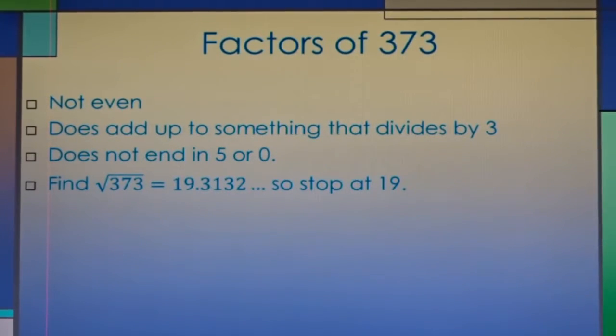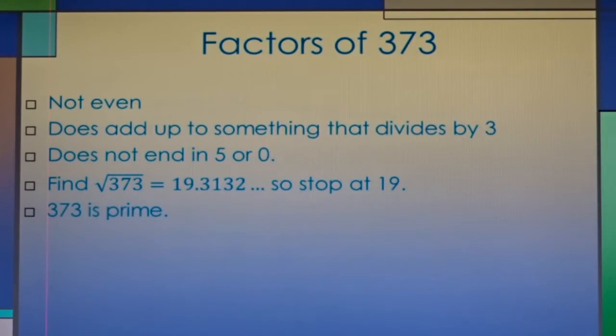All right, so let's find the square root of 373. The square root of 373 is 19.31. So I stop looking at 19. So I'm going to use my wonderful calculator, and I'm going to do 373 divided by 7. Nope, didn't work. 373 divided by 11.